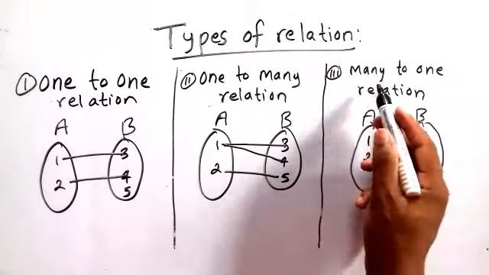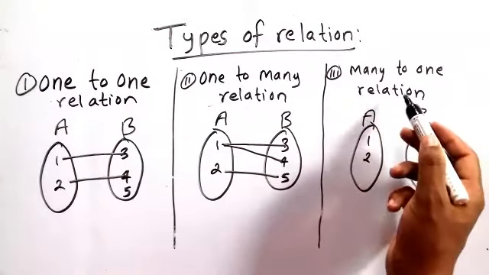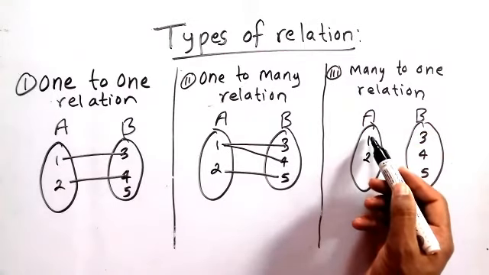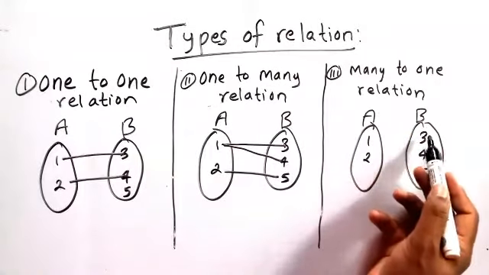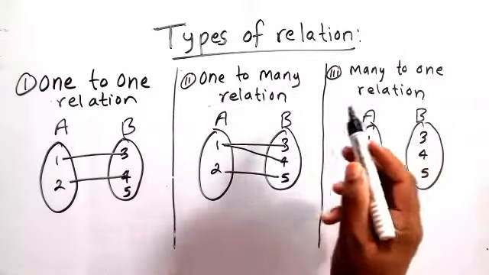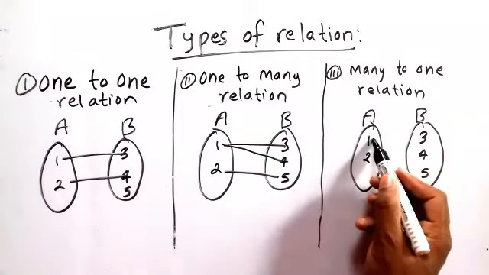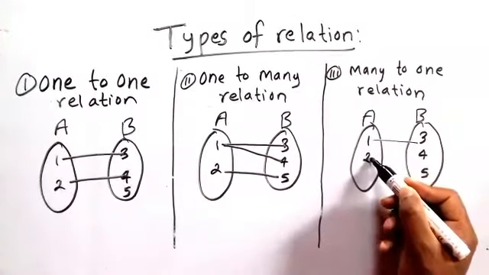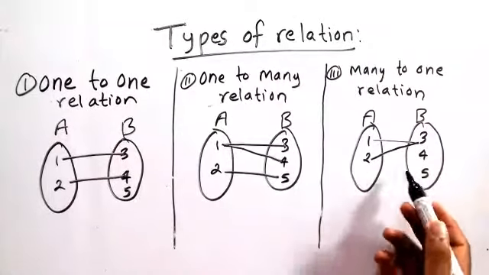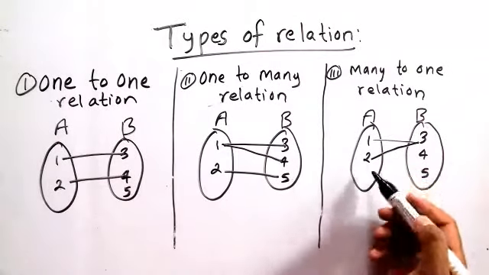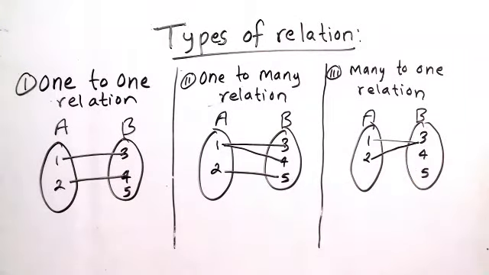And here many-to-one relation. In this, more than one element of set A maps with one element of set B. For example, this one maps with this 3 and 2 also maps with this 3. So this type of relation is many-to-one relation.